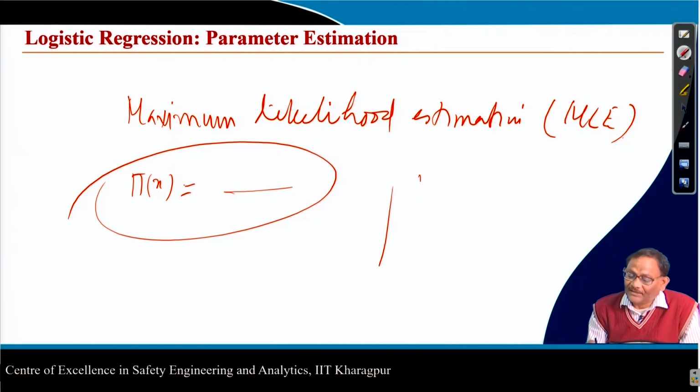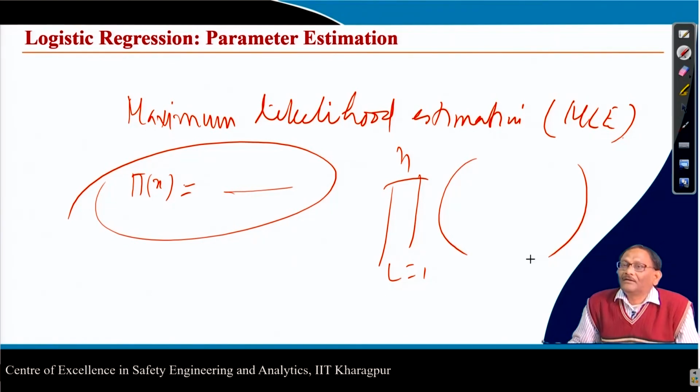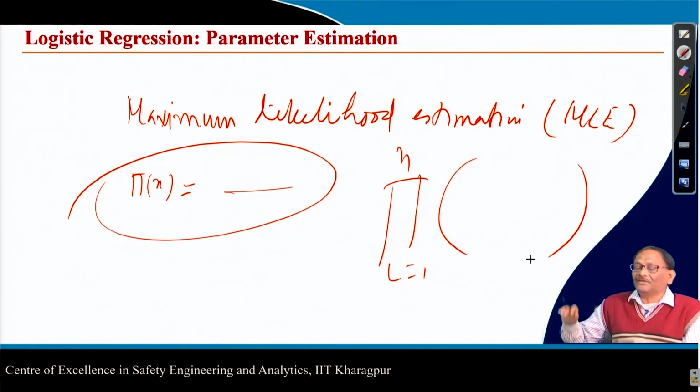So you will finally create i equal to 1 to n observations. From the logistic function you have, the likelihood function you can write down in the same manner, for i equal to 1 to n, that you go on multiplying, and finally the log likelihood equation will be found out, and then you take the derivatives, put the first derivative equal to 0, and in this manner things will continue.